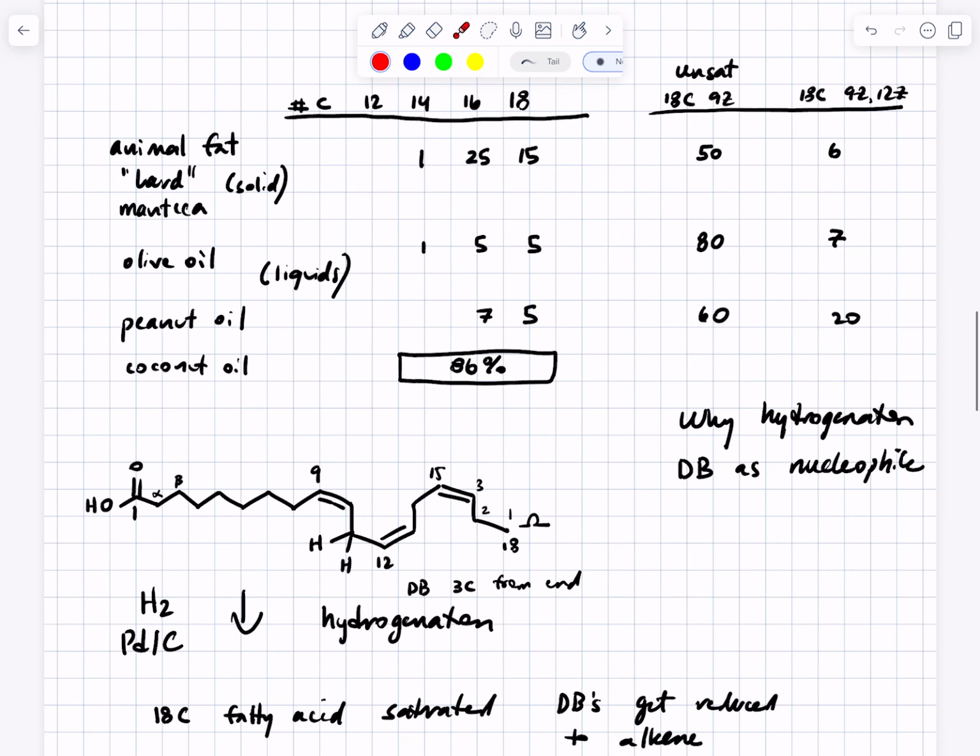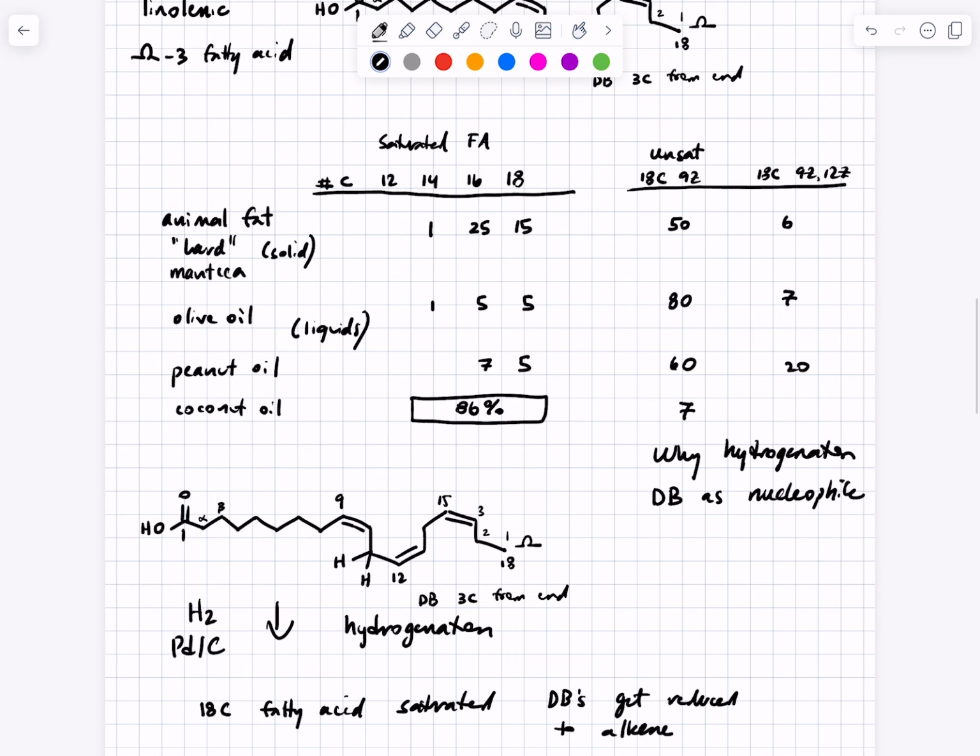I don't know what the breakdown is, so I just put 86% overall saturated fatty acids, only 7% unsaturated. And so you'll notice you buy coconut oil and it's a solid. You heat it up a little bit, it can become a liquid again. One of my sons likes to put it in his hair, but if it's cold outside, then his hair gets really crinkly, which is because why? The coconut oil freezes. So you've got to be careful. Okay.